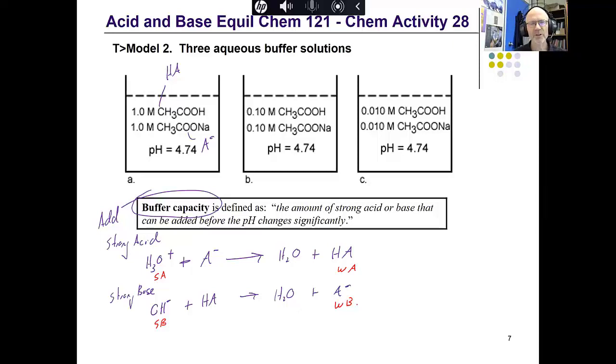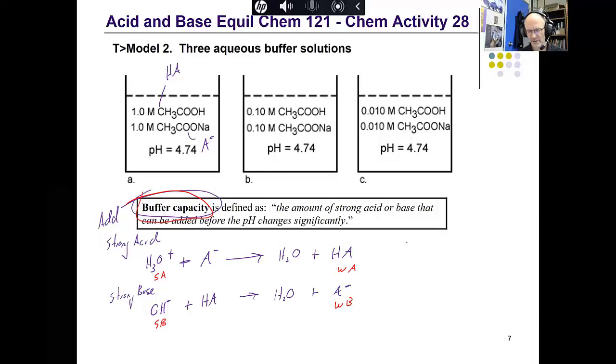Now, you can do some stoichiometry associated with this. You can calculate, you've added so many moles of strong acid and so many moles of strong base. You can imagine that a buffer would have a greater capacity if there are more moles of conjugate acid, conjugate base within a given volume. The more moles of conjugate acid and conjugate base within a given volume means a more concentrated solution.